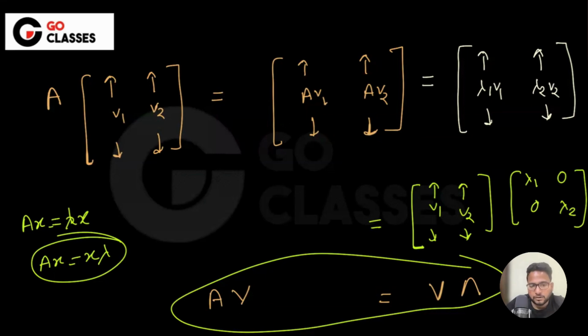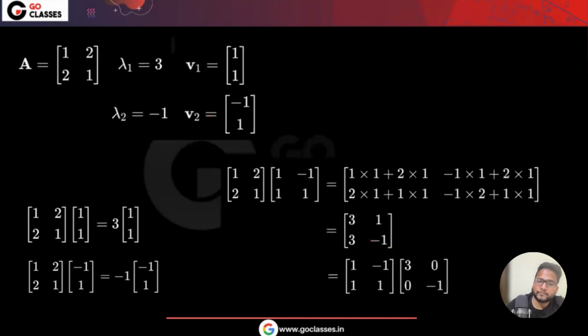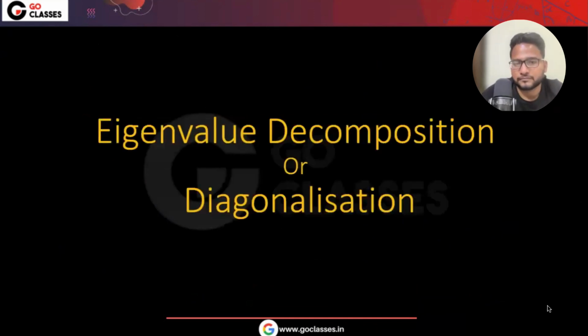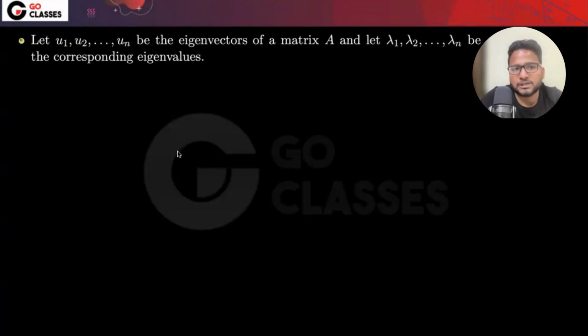Now, I was here. If you multiply the matrix A with the whole V, then you can separate this V out, and this is the capital lambda, and this is true for all matrices. Let's see step by step. This is also called eigenvalue decomposition or diagonalization. Let's suppose these are the eigenvectors u1 to un, and these are the eigenvalues.